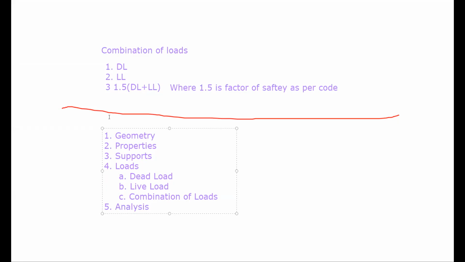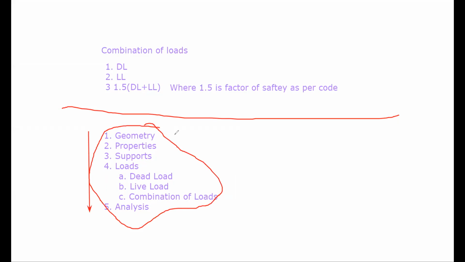So these are the procedures and steps that you have to go through. Whenever you create any model in STAAD.Pro, you have to make sure that you follow this procedure from point 1 to point 5. After analysis, you also have to do design. The important point is design.